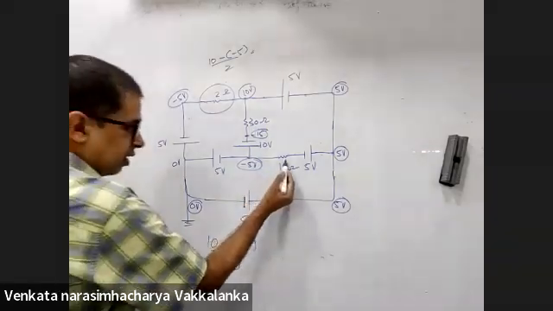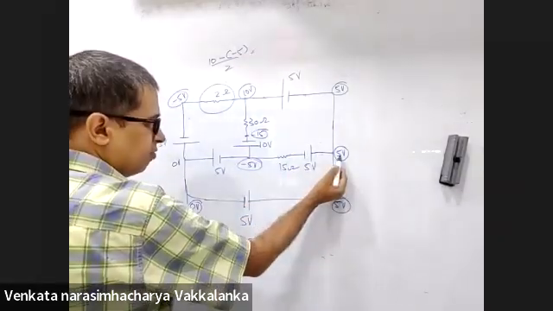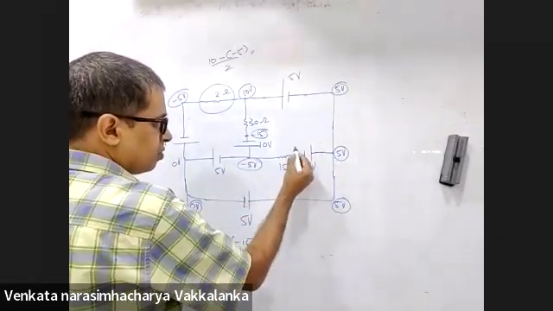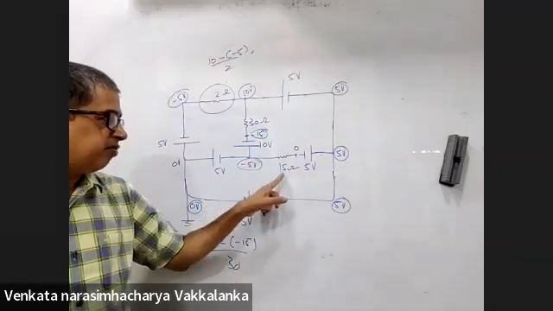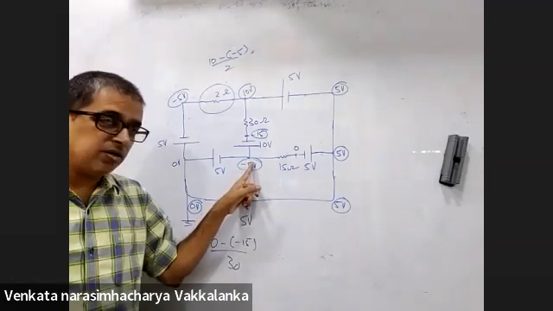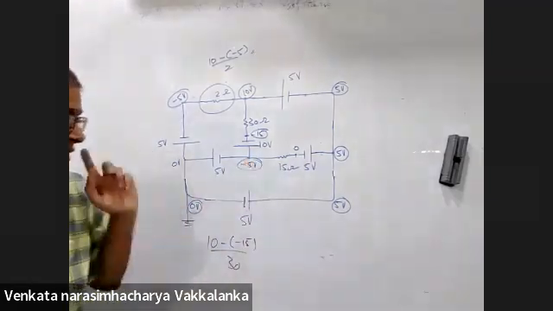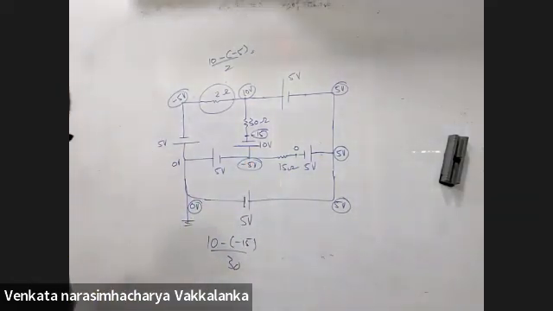As simple as that. Current in this, you know if this is 5, this is 0. Am I right? Yes, sir. 0, 5. 0 minus of minus 5 divided by 15 is the current in this branch.